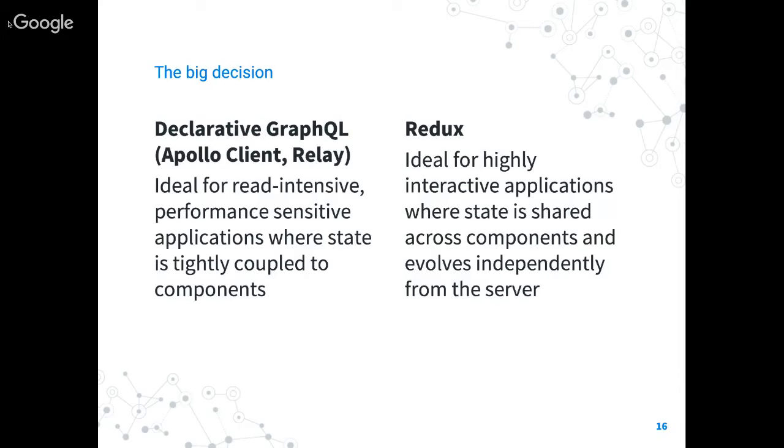When your state is mostly stored on the server, GraphQL is great. Now that's not always going to be the case. Apollo Client just released a new version that has some pretty cool client-side state utilities. But for now, I think Redux is much better at managing state that's centralized and quickly evolving inside of the browser.